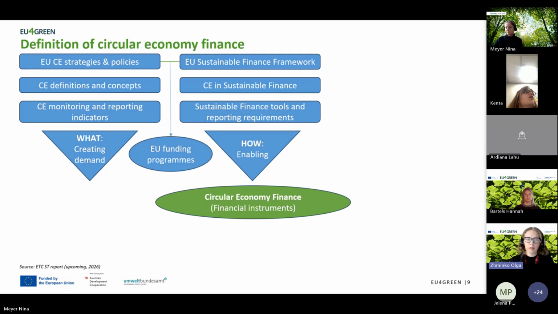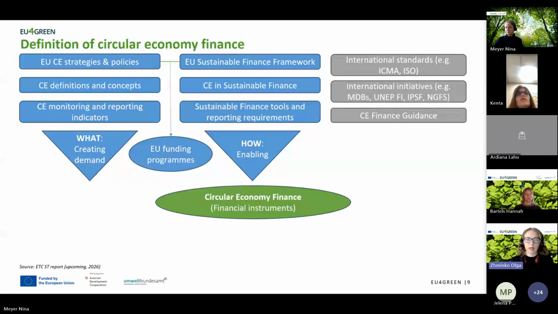And then we have the third pillar, which comes from the initiatives by different stakeholders in the finance market. For example, international standards like the International Capital Market Association or ISO, also international initiatives like UNEP-FI or multilateral development banks' standards, IPSF, the International Platform on Sustainable Finance, and different circular finance guidelines which help the market on how to do it in practice.